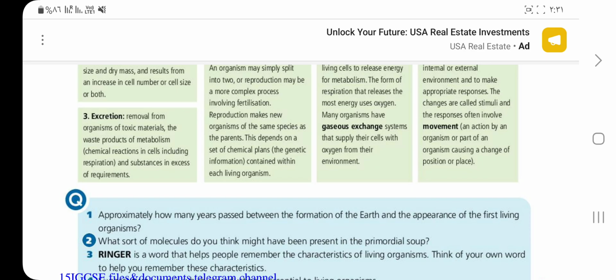So the definition of excretion: removal of three things: toxic materials from organisms, waste products of metabolism, and substances in excess of requirement.